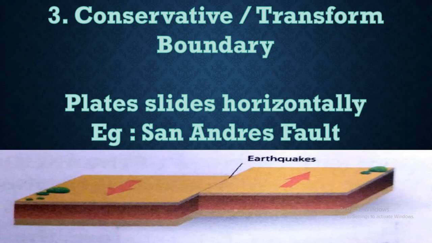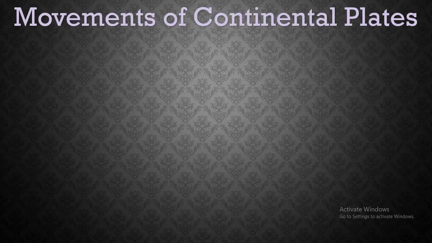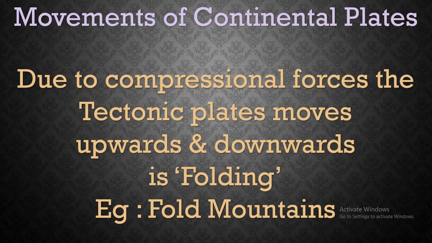Now we'll see about the movements of continental plates. As we have seen with these three plate boundaries, plates slide or sink together, move up and down, or move horizontally. It's due to the compressional force on the tectonic plates.